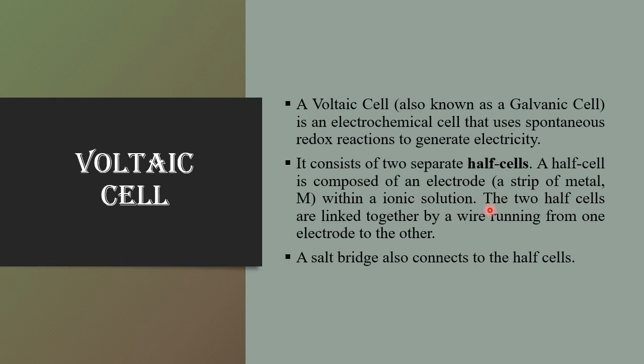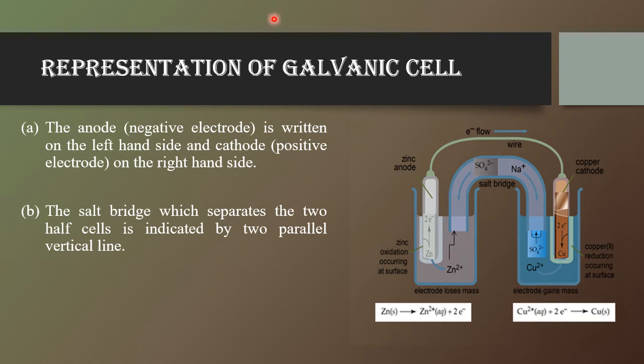These two half cells are linked together by a wire going from one electrode to the other electrode, and a salt bridge is usually used to connect both of these half cells. So let's see how we can represent the electrochemical cell.